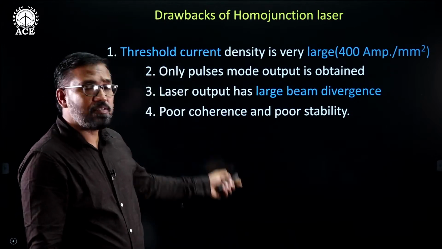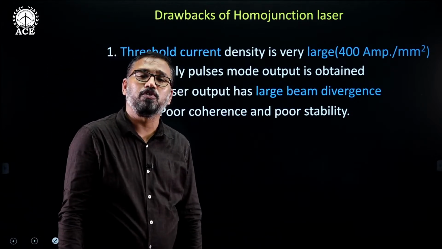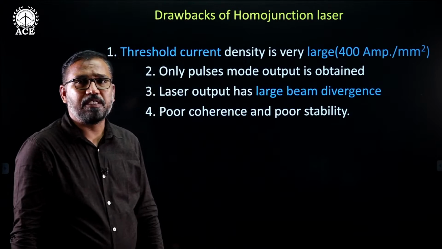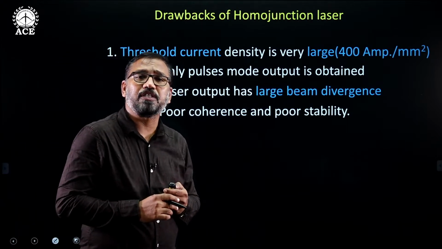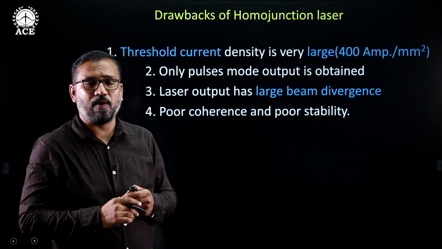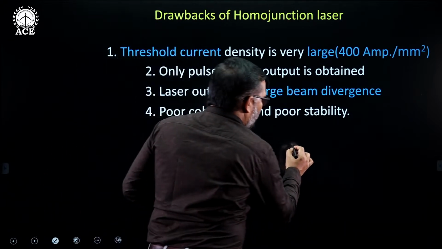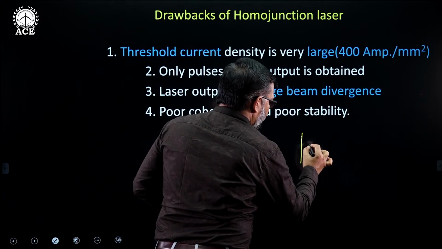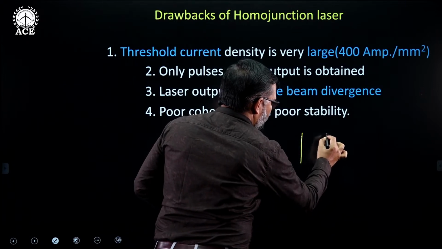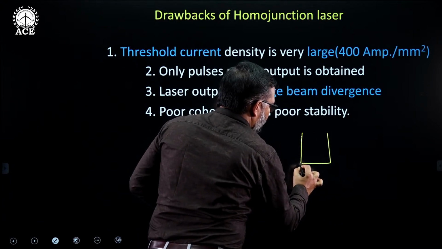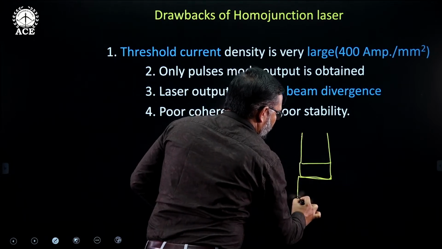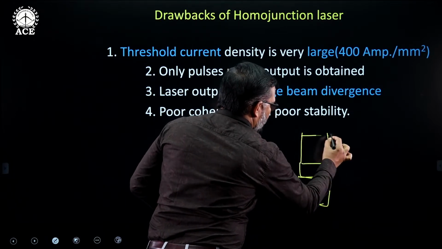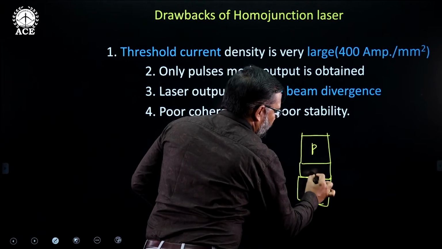But there are some drawbacks in the case of a homojunction. What is the main drawback of a homojunction? More divergence. Whatever laser is emitted, for example, so this is the junction, here it is P-type and here it is N-type.